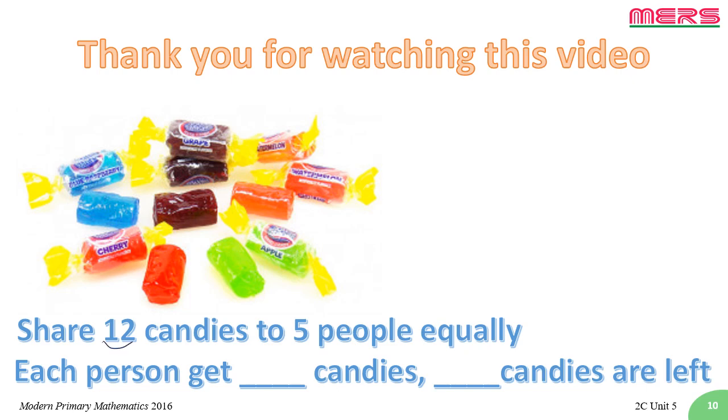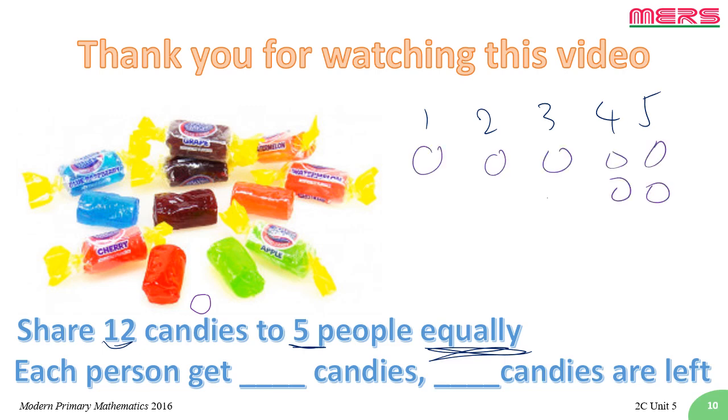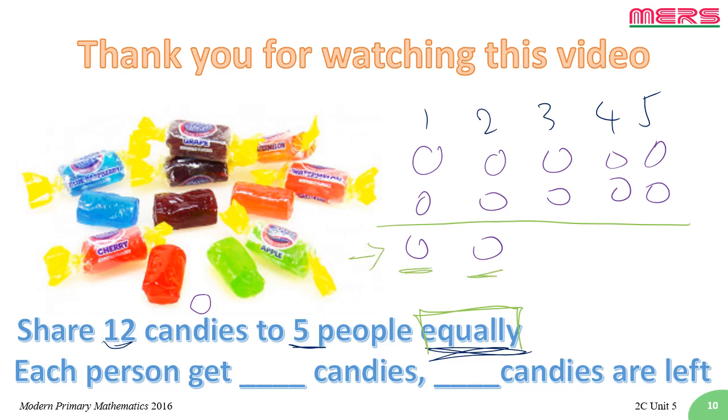Here comes the summary of this part. If I want to share 12 candies to 5 people equally, I can write down 1, 2, 3, 4, 5 to represent 5 people, and use a circle to represent a candy, so I draw 12 candies here. Because I want to share the candy equally, I must cut it here, because in this line only 2 people get candy.